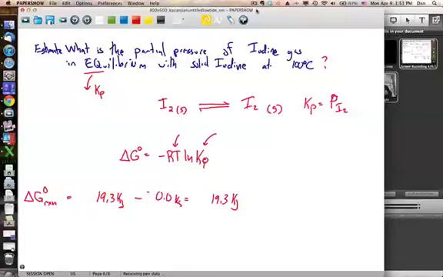So we can plug that in under standard state conditions and rearrange and solve. K is equal to e to the negative delta G over RT. Just as a tip, the units for this have to be in joules because R is in joules per mole Kelvin.